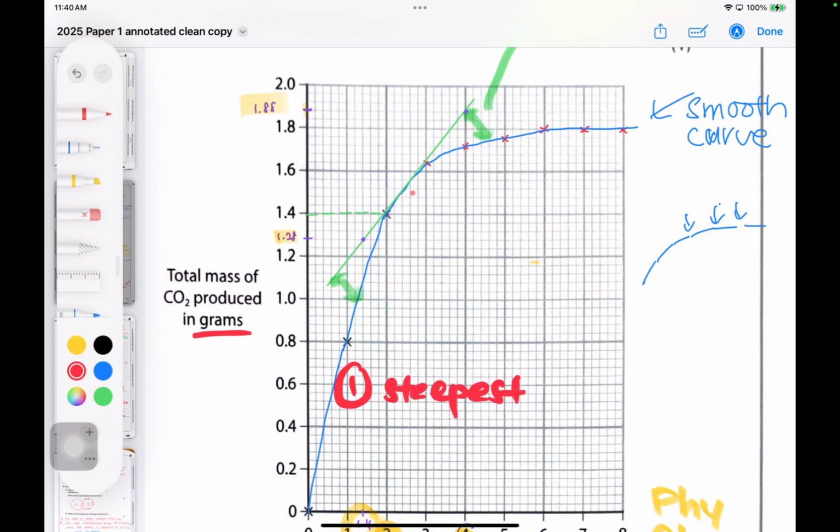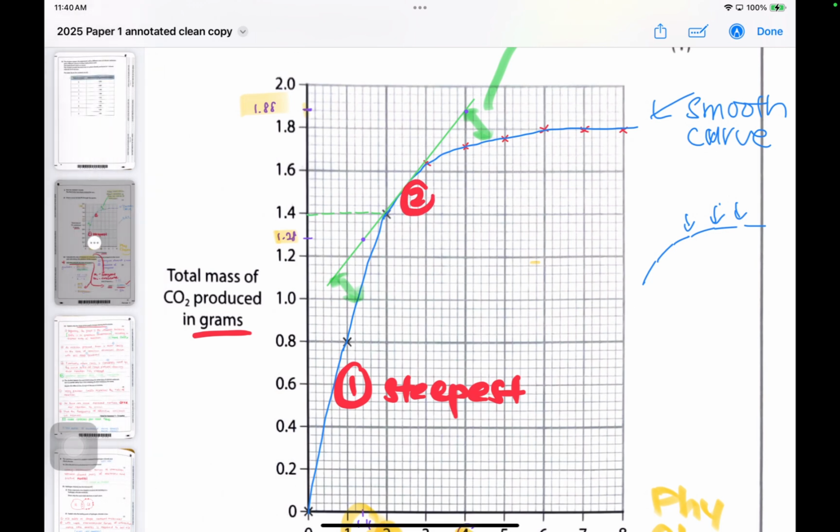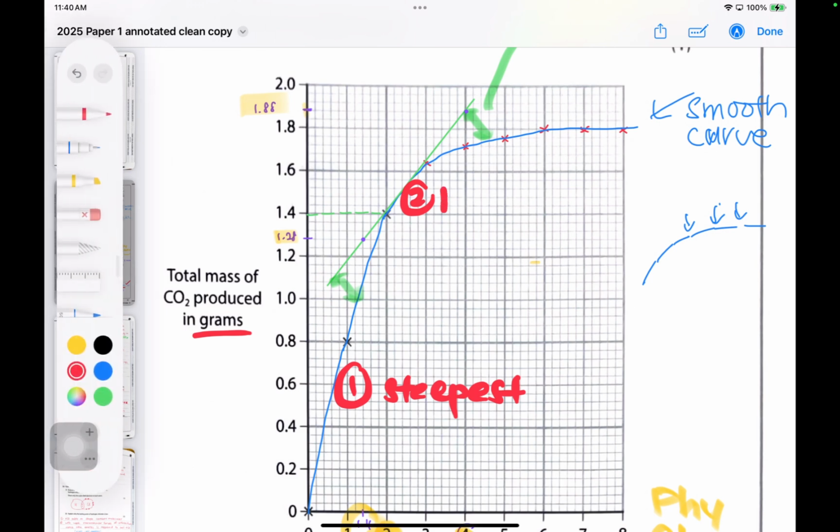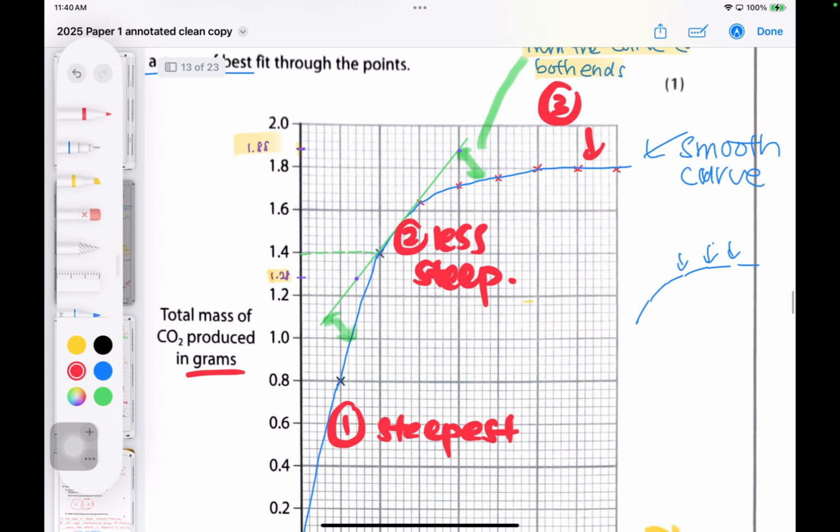Then number 2 is around here, where the gradient gets more gentle, less steep. And finally it flattens out, or it plateaus. Plateaus is just another fancy word for level out or flatten. You can see how I describe the graph later.